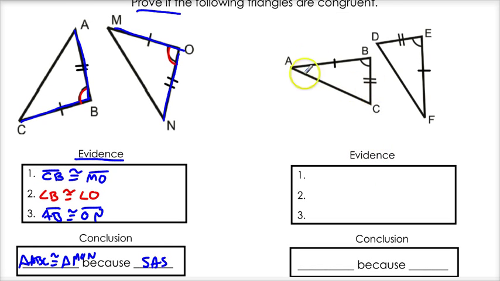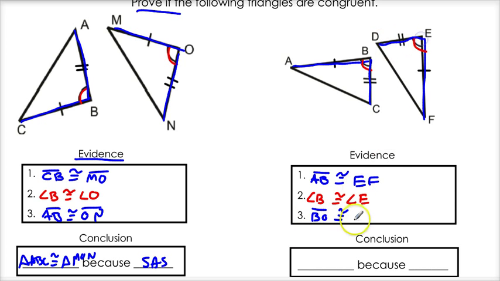Let's try it one more time. In this case, we have AB is congruent to EF. We have angle B is congruent to angle E. And then finally, we have BC is congruent to DE.